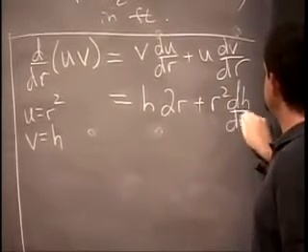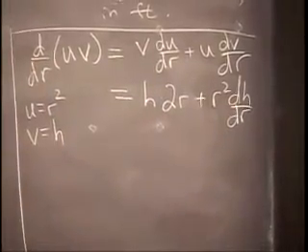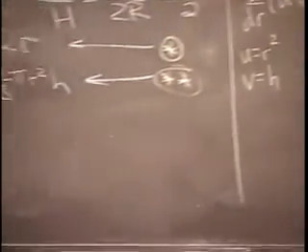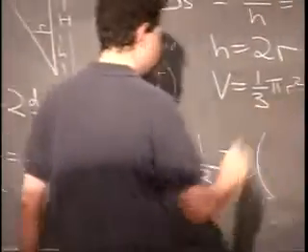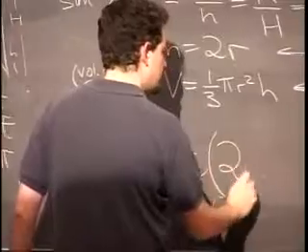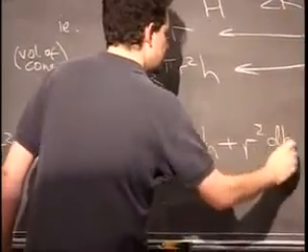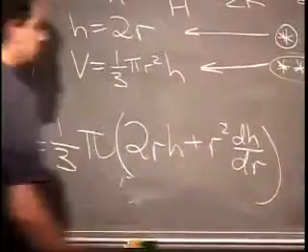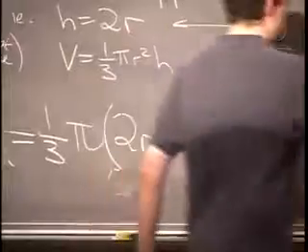If I surgically insert this over here, I will get 1/3 pi outside of 2rh plus r squared dh. And that is an expression for dV/dt.